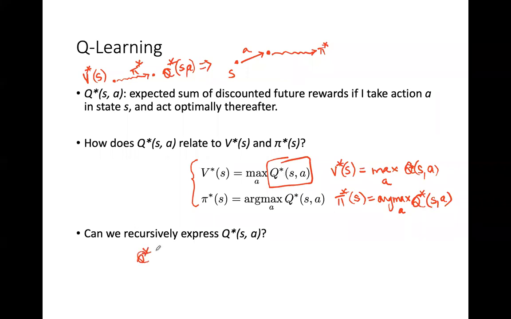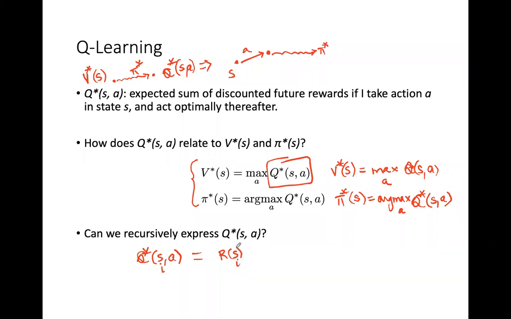So Q star: what is the expected sum of discounted future rewards if I take this action in the current state and then behave optimally thereafter? What is going to happen? Well, I'm going to get the immediate reward associated with this state, and let's maybe add an index to the state, S_i, just so it makes things a little cleaner.